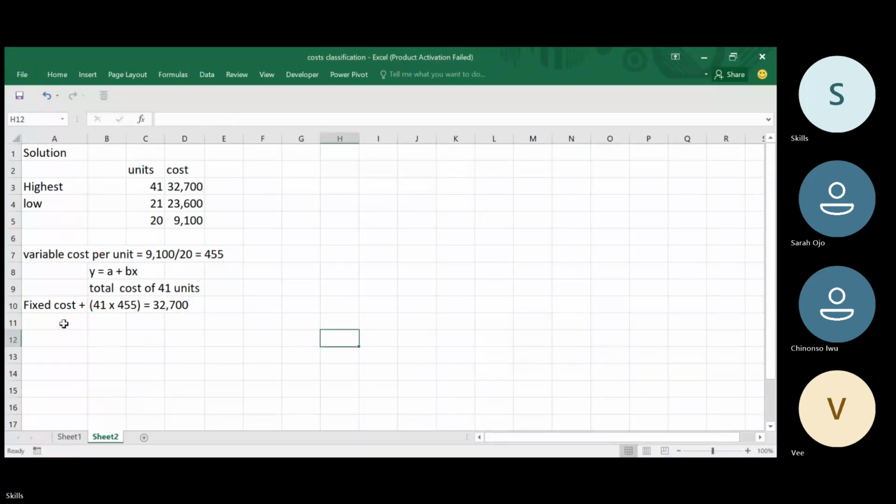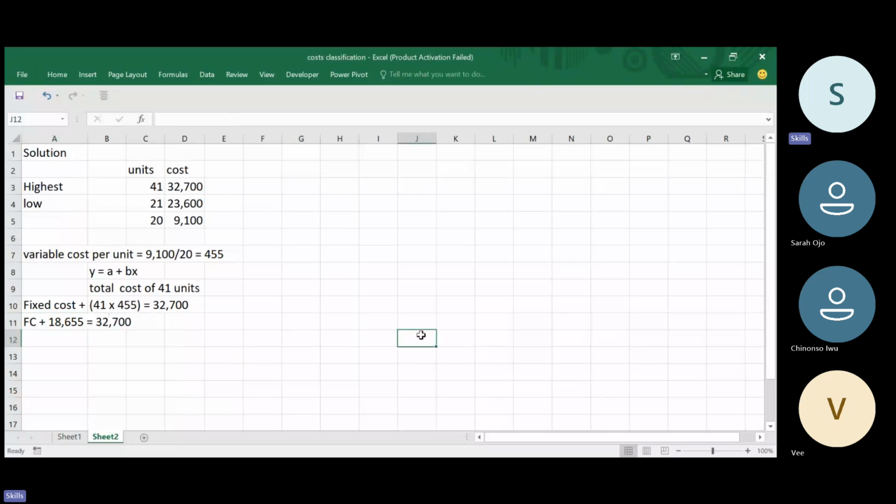So now the fixed cost, you can also label it FC, plus 41 times 455, which is 18,655. 18,655 is equal to 32,700.